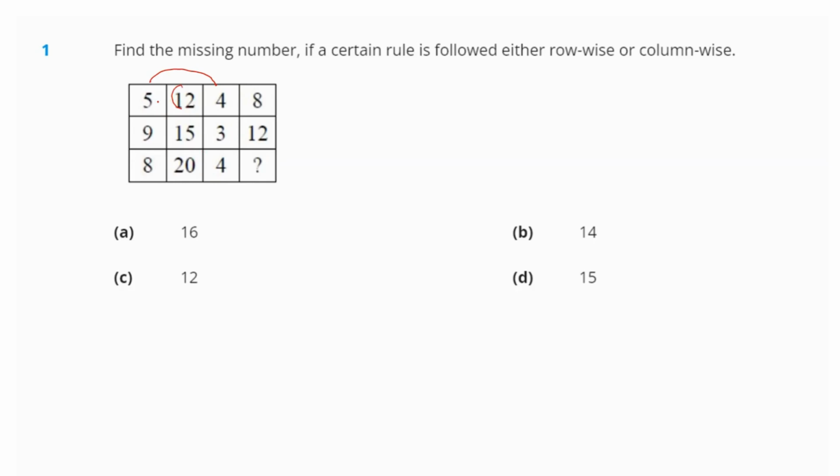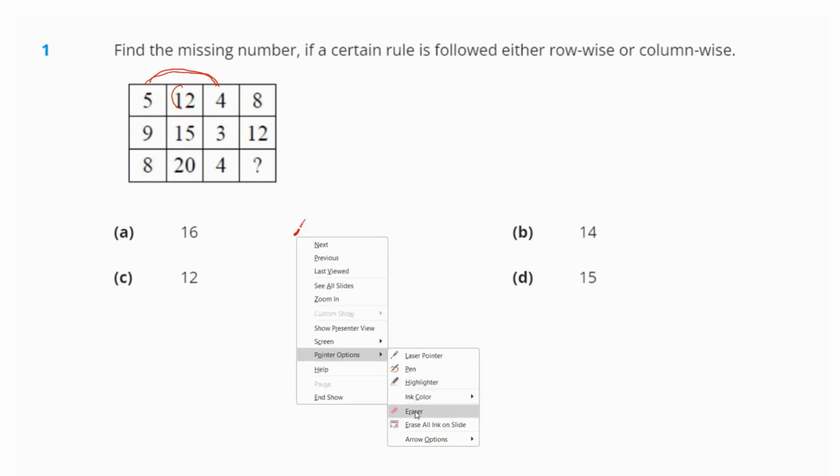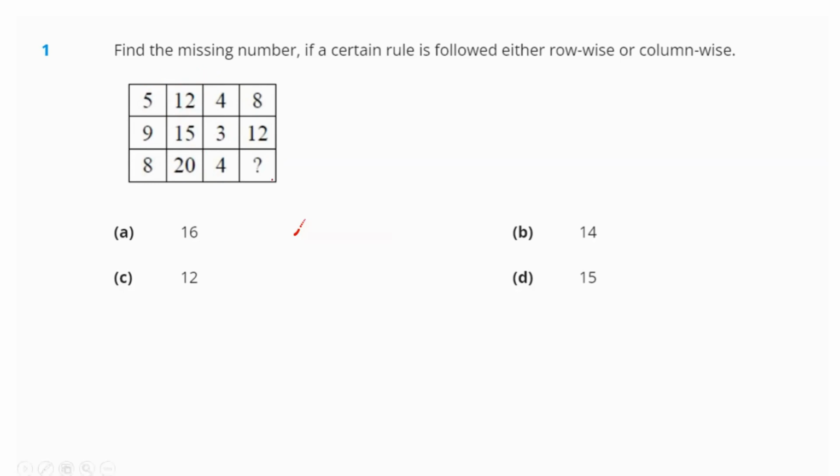No. Let's do it again. So let's write the numbers first. See, because these two parts have very small numbers and these two have big numbers, let's find the relationship between these two to find these two.